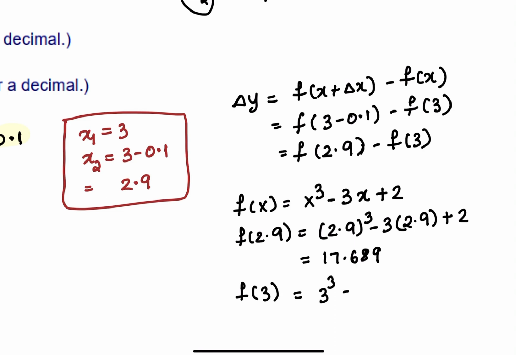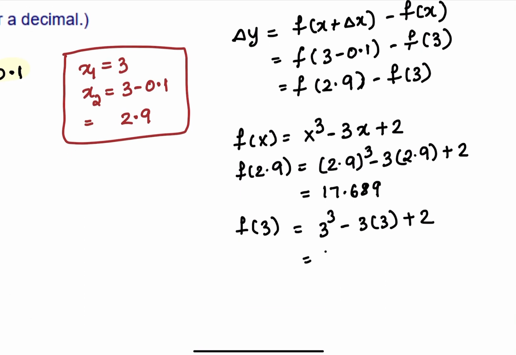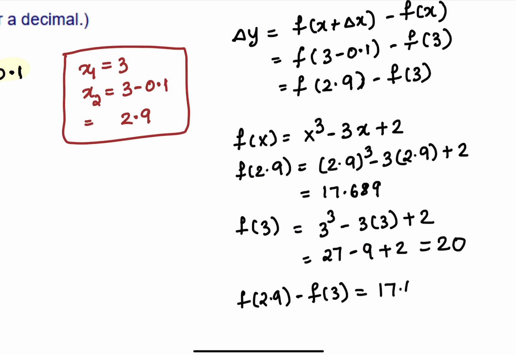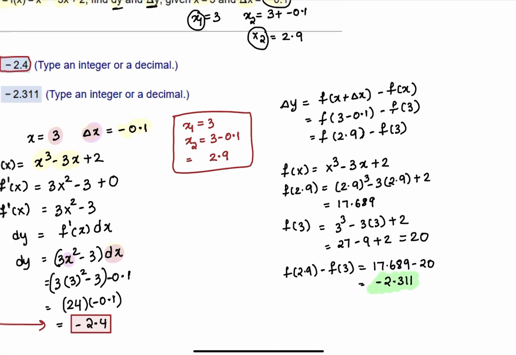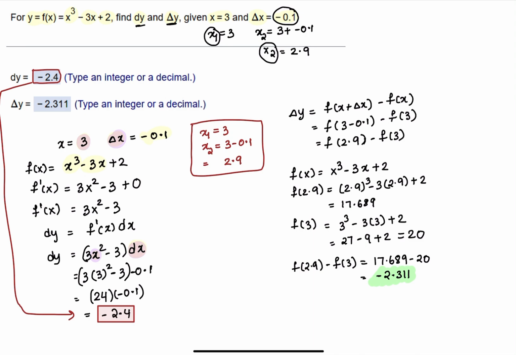Which is 3 cubed minus 3 times 3 plus 2. 3 cubed is 27 minus 9 plus 2, which is 20. So f of 2.9 minus f of 3 is 17.689 minus 20, which is negative 2.311. And now let's see if this matches. Yes, it does. Right here. Your delta y. That's right here.